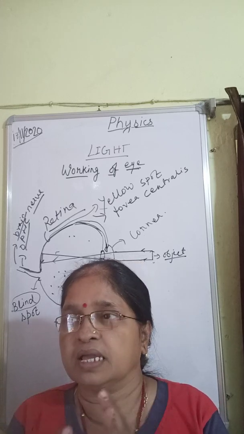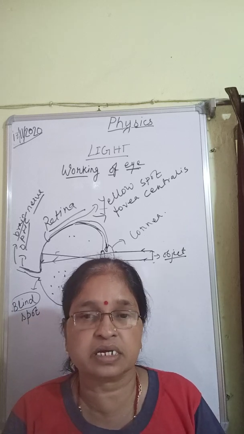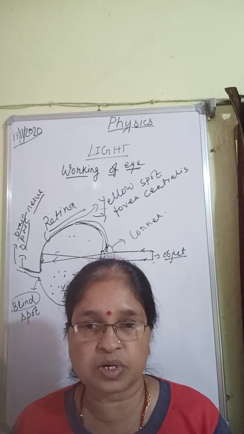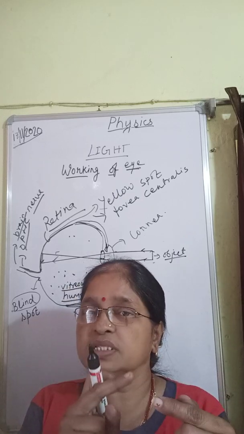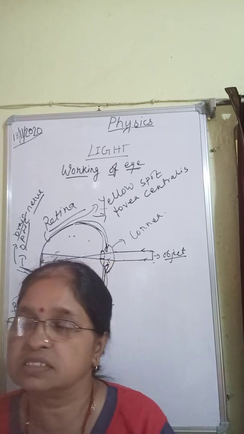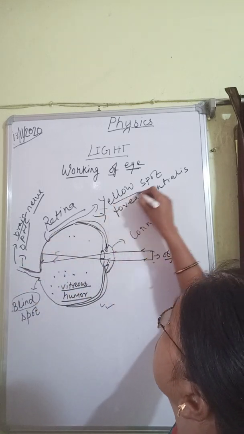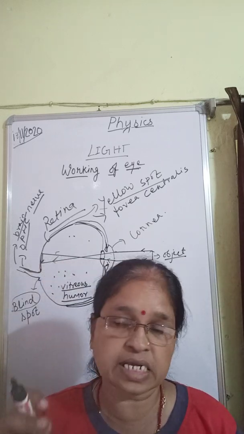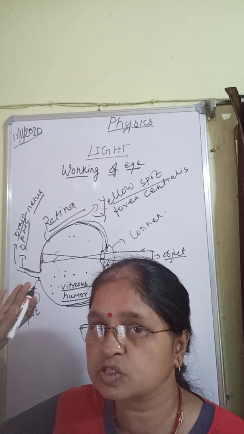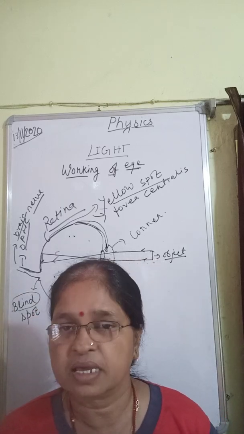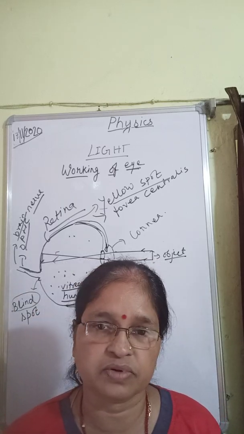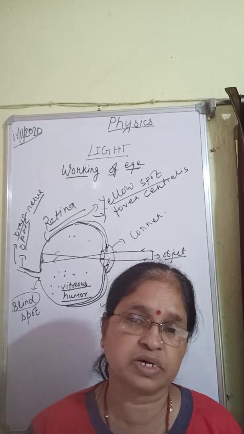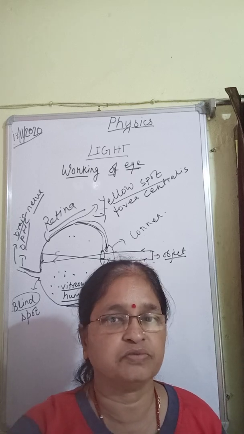So at the time when we are concentrating on any particular point, who is responsible for that? That is the work of your yellow spot. In our life, whenever we have to concentrate on any particular point, the yellow spot starts working, else it doesn't have any work. So students, make the notes of the working of the eye by seeing the video.